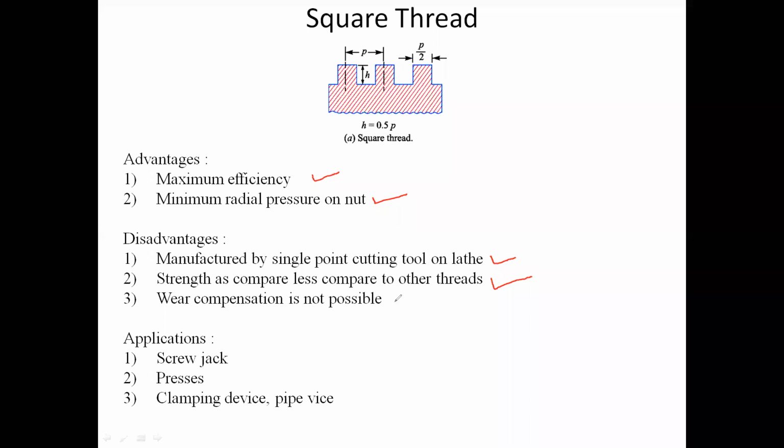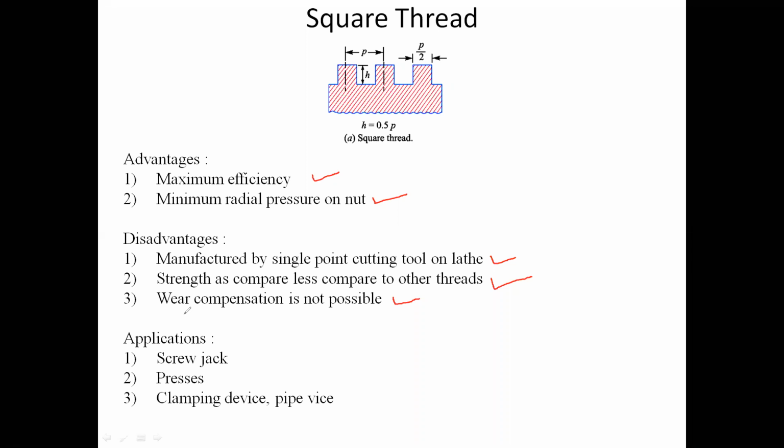Wear compensation is not possible, as here there is a perfect 90-degree nut and bolt combination. The screw and nut combination is perfect 90. So if something wears out, it will not compensate that gap. So there is a backlash, or a loose thread component.